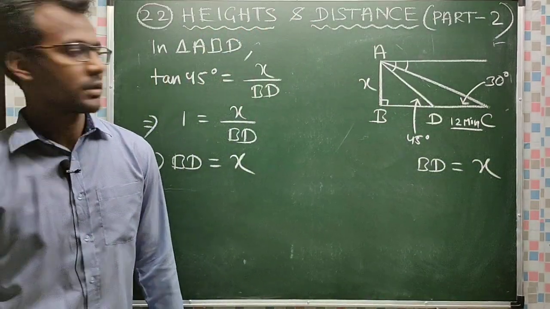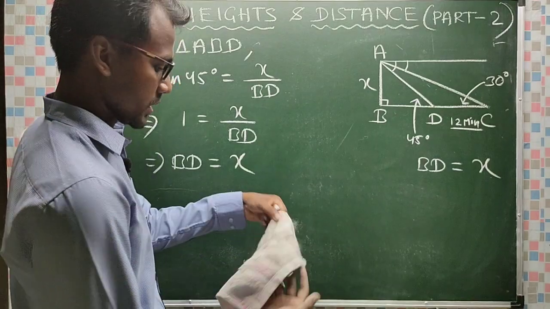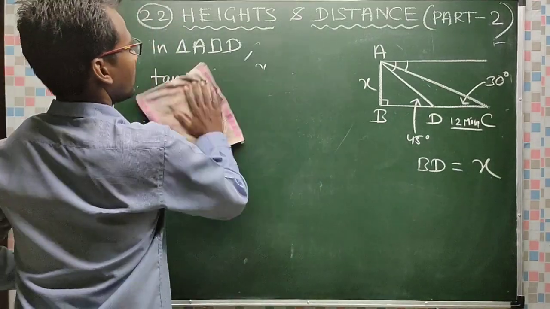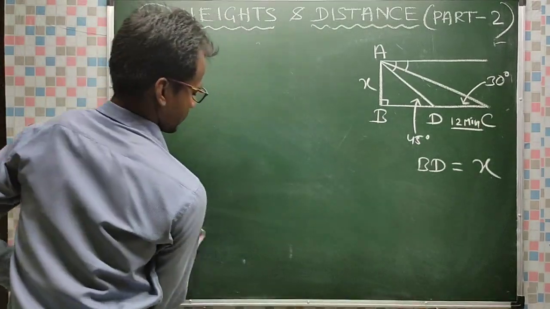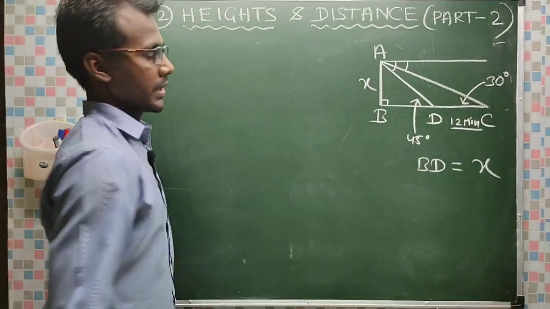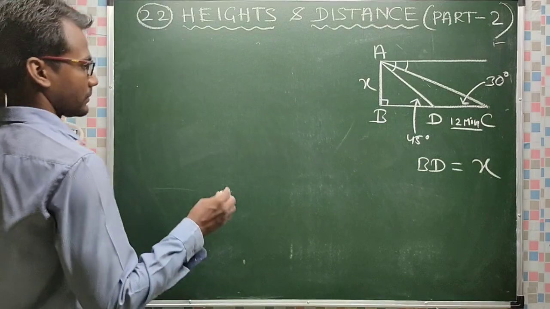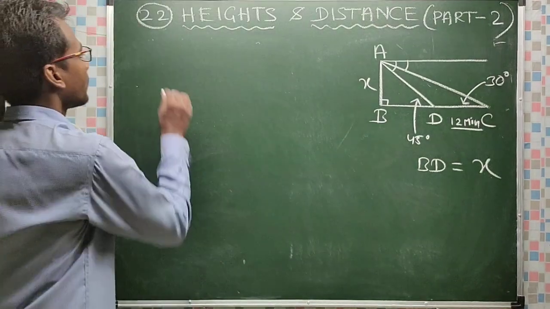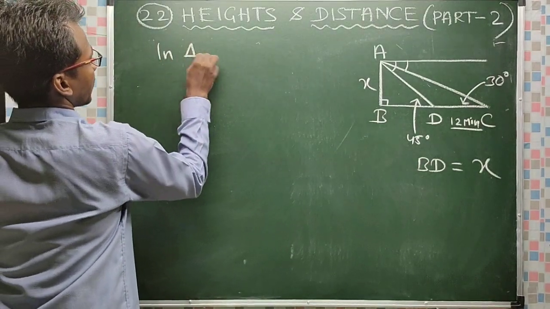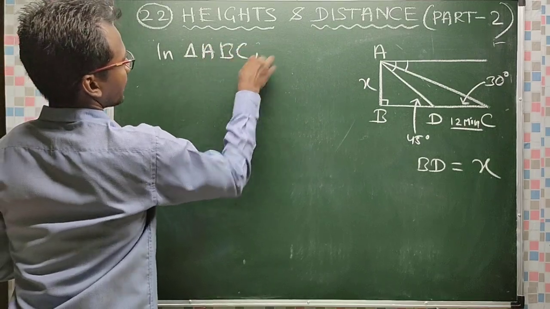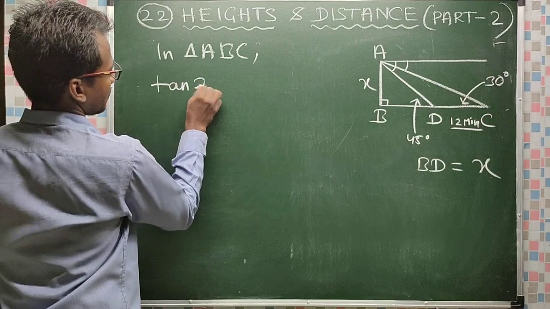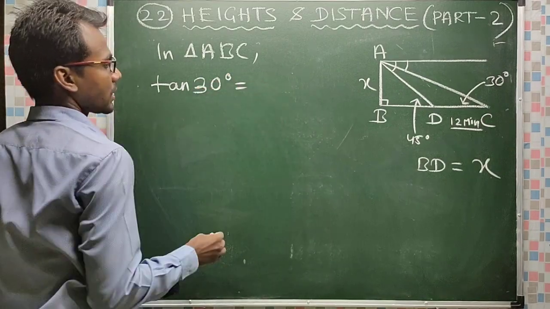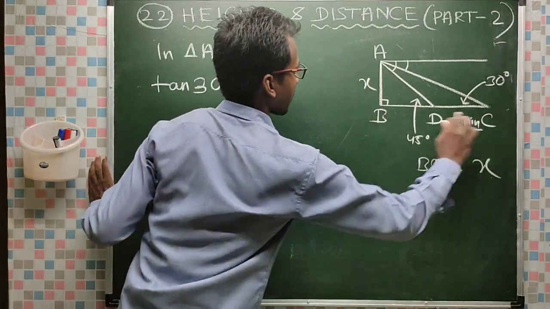Now we will try to find BC. Next target is BC. So if you take the big triangle, in triangle ABC, tan 30 degree is equal to perpendicular by base.